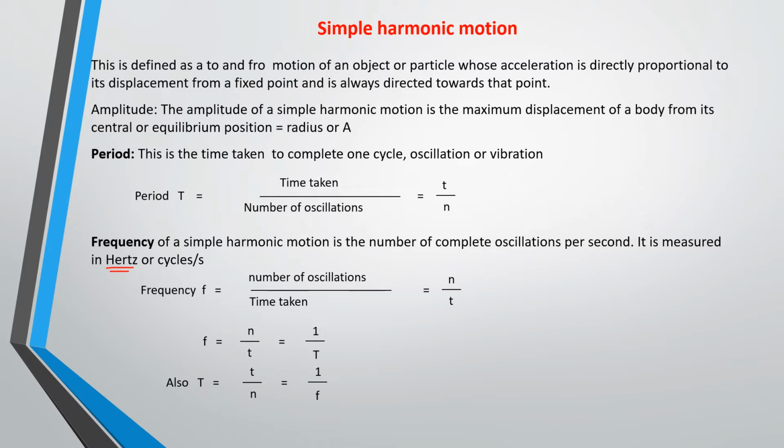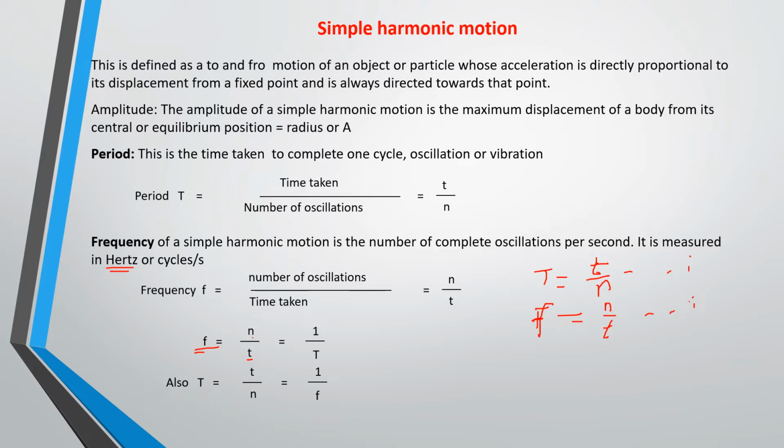So if you look at the formula for frequency, number of cycles over time, and compare the two equations that we have, the period equals t over n, and frequency f equals n over t, you see that they are related.